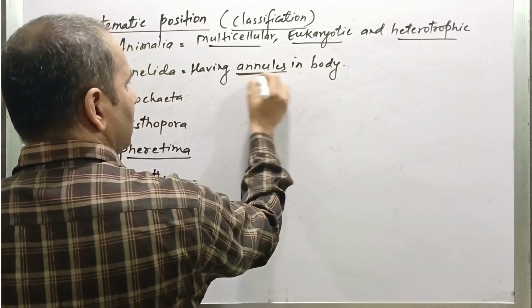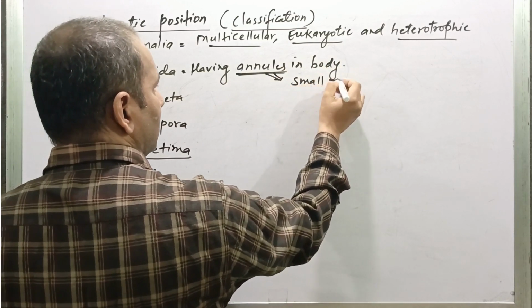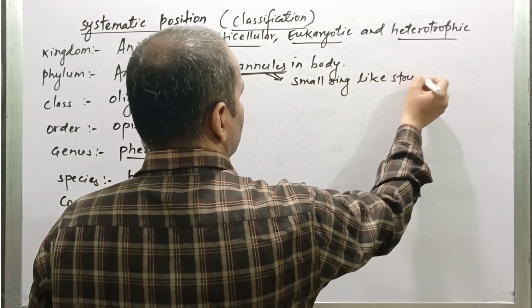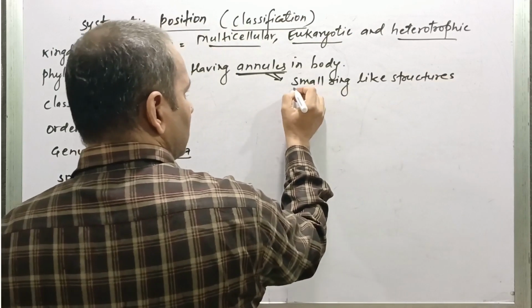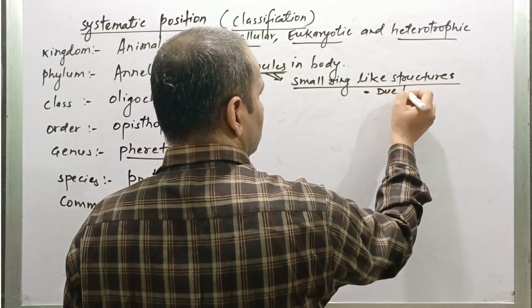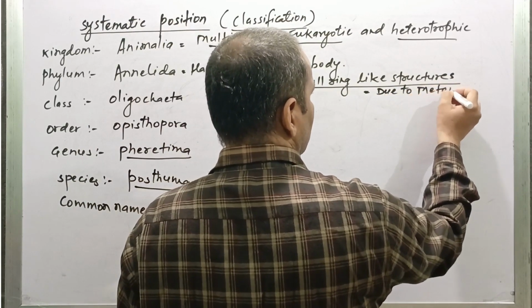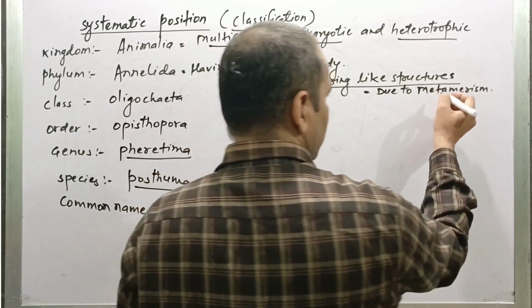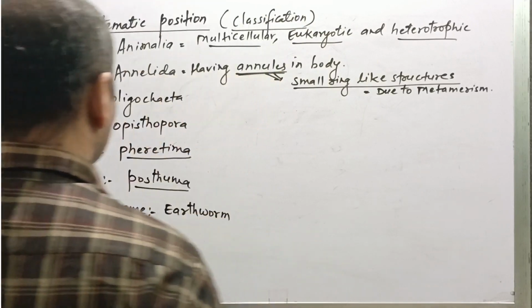The term annules means small ring-like structures, and the small ring-like structures are formed due to segmentation, and the segmentation is called metamerism, which is true segmentation. We discuss metamerism in detail in the morphology of earthworm.